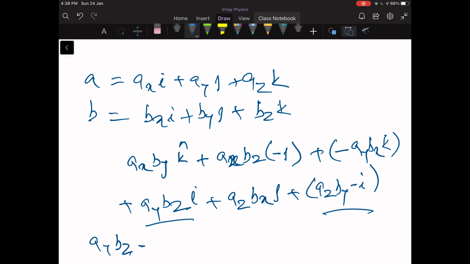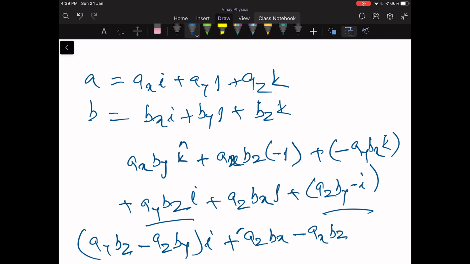So (AY BZ minus AZ BY) i, plus the j term, (AZ BX minus AX BZ) j, and then the k term will be (AX BY minus AY BX) k.